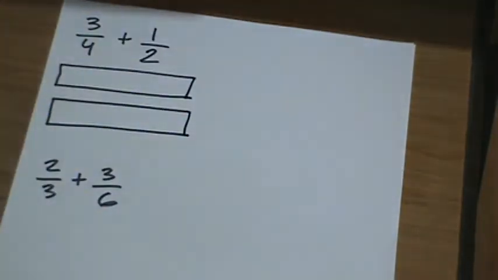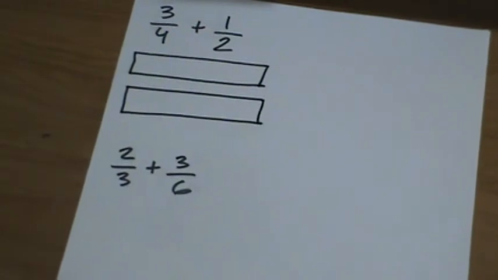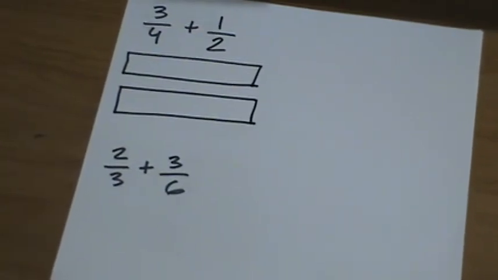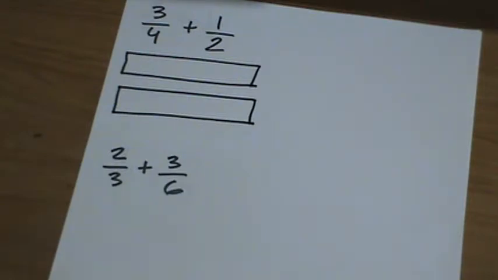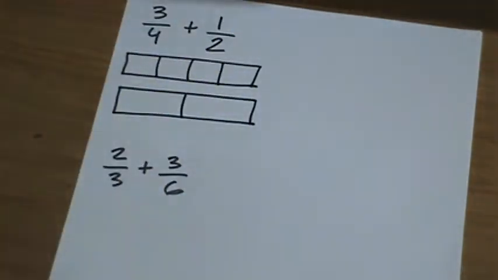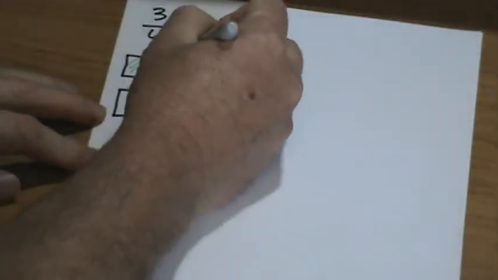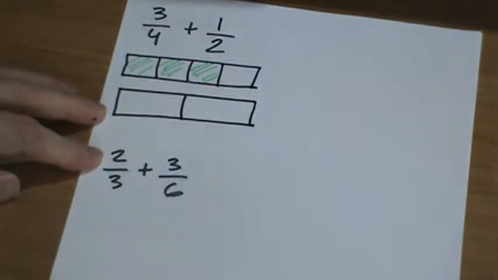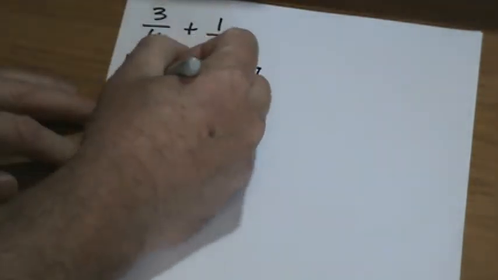So we're making two tape diagrams. Now, one of them is going to be quarters and one of them is going to be halves. So we're going to break this up into 1, 2, 3, and 4, and this one into two pieces. So this is 3/4, and I'm just doing these stripes like that, and 1/2.